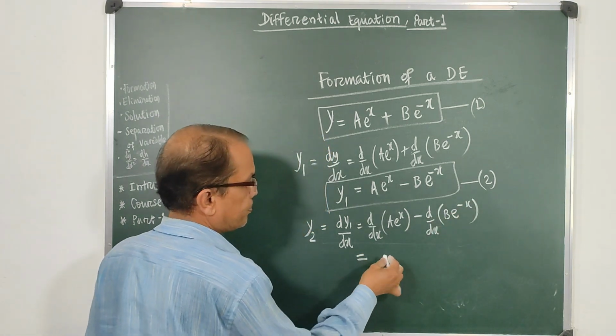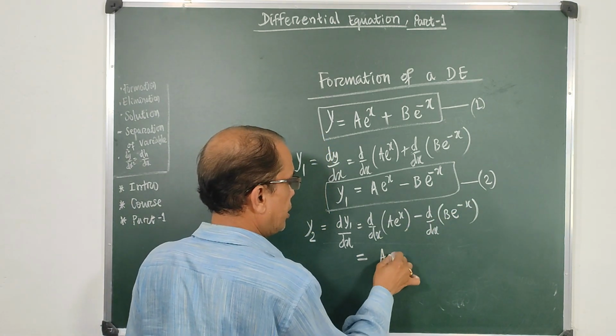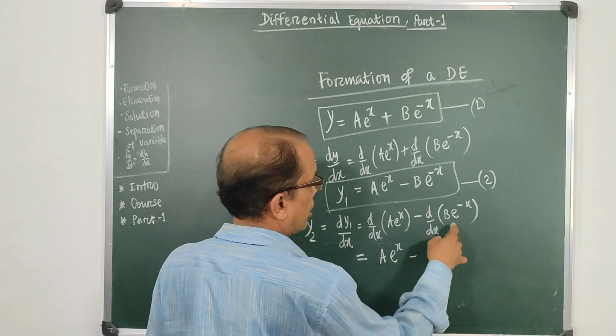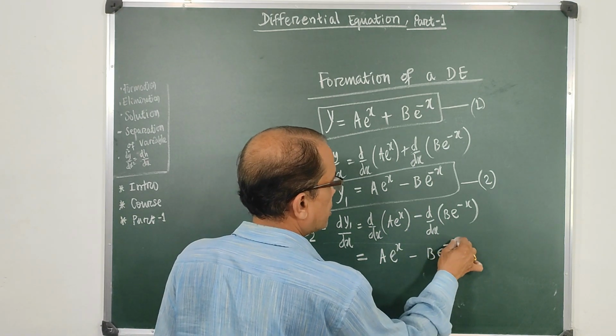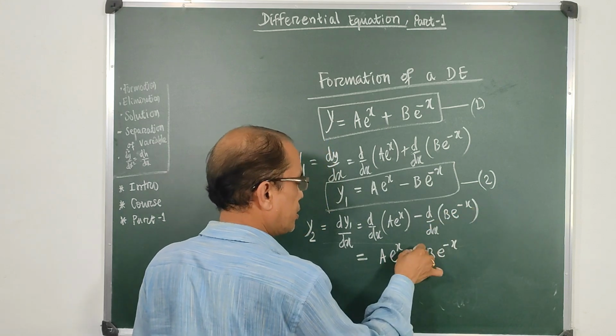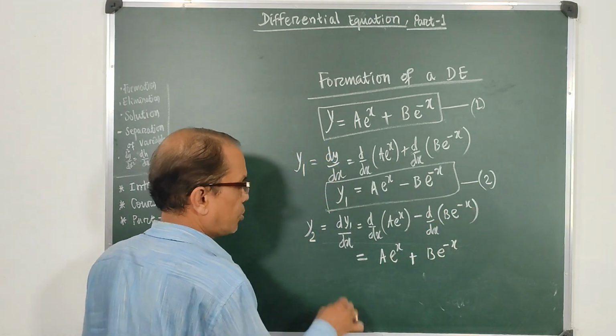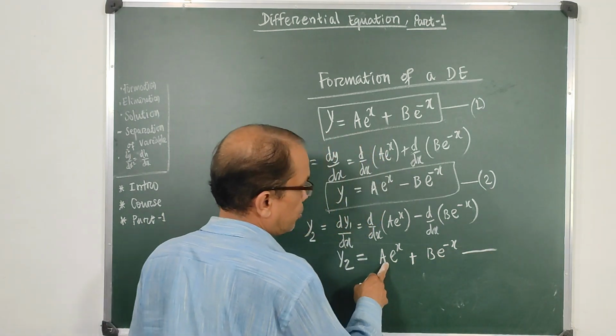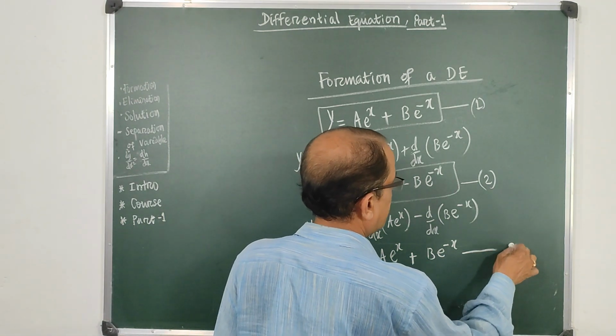So this will be a e to the x, as the derivative of e to the x is e to the x, and here b e to the power minus x, and another minus sign is yielded here, so it makes plus. So y2 becomes a e to the power x plus b e to the power minus x, equation 3.